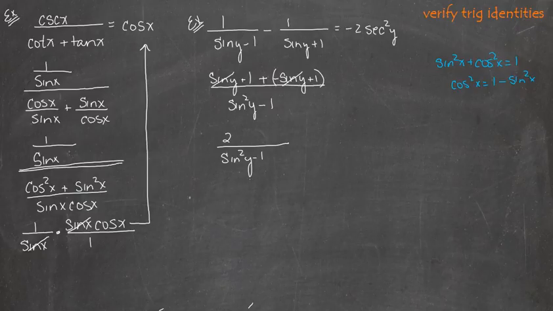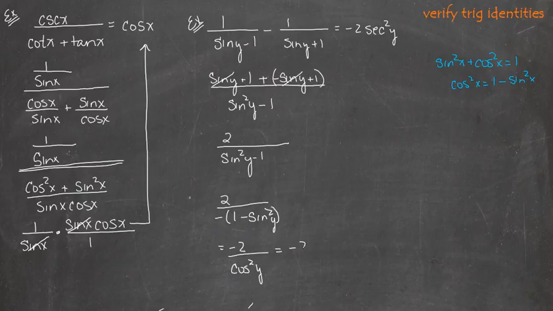So this would be 2 over, factor out a negative 1. I factor out the negative, and so I can reverse the order of these and the sign: 1 minus sine squared y. And that gives me negative 2 over 1 minus sine squared, which is cos squared.